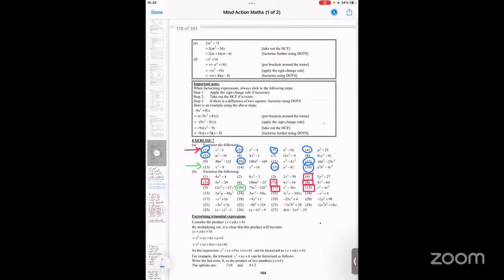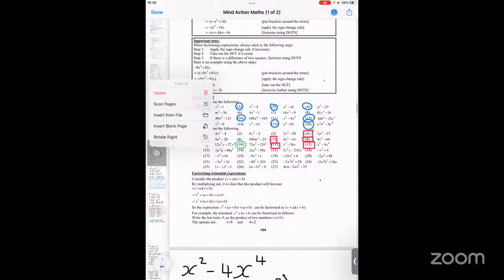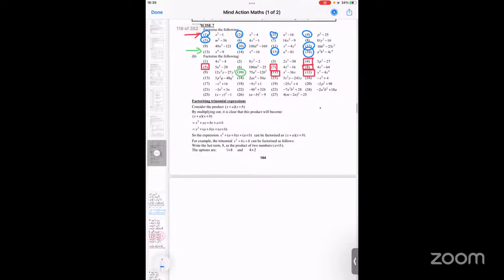So let's see if we can do some more complicated problems. I will start. That line, we are done with that one. And then that one of number 13, let's see.